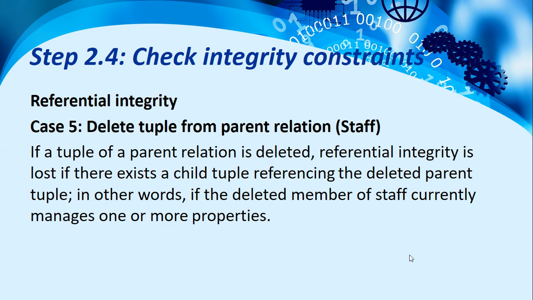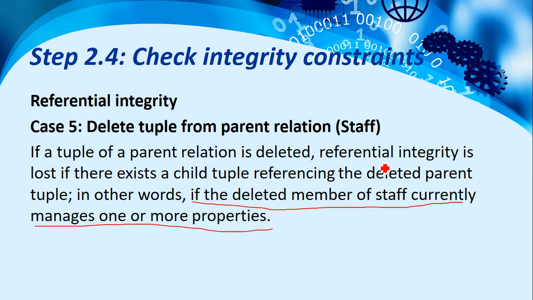And in case 5, delete tuple from a parent relation. Now, if a tuple of a parent relation staff is deleted, referential integrity is lost if there exists a child tuple referencing the deleted parent tuple. In other words, if the deleted member of staff currently manages one or more properties.